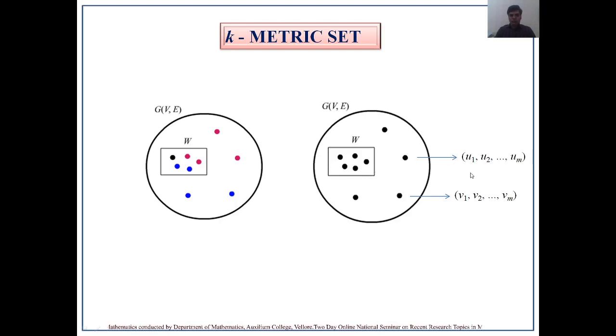Now we have to see in how many places the coordinates are varying. If it is varying in two places, it is a two metric set. If it is varying in three places, it is a three metric set. If it is varying in only one place, we know it is already a metric dimension or resolving set. So it has to vary in k places, where k means any number.